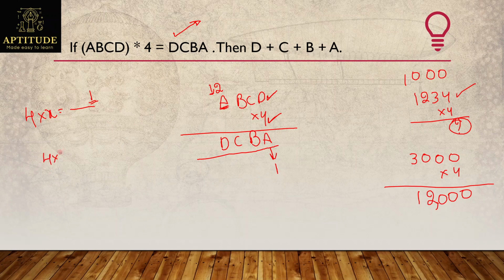So even if I take 4 into 4, 4 into 5, 4 into 8, it always ends with an even number. So I cannot get a value of 1 in any case. So what I can say is A cannot be 1 also. So by using small logic, I fix the value of A, that should be 2.